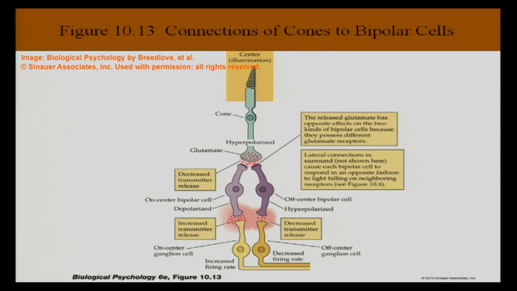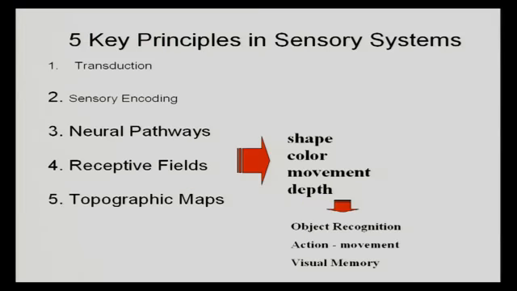But let's take a step back, because we haven't got there yet, and we'll go back to what comes out of the retina. I just want to remind you that we talked about the rods and the cones, the bipolar cells, the retinal ganglion cells that come in two types, the on-center and the off-center, and we got to discussing their receptive fields.